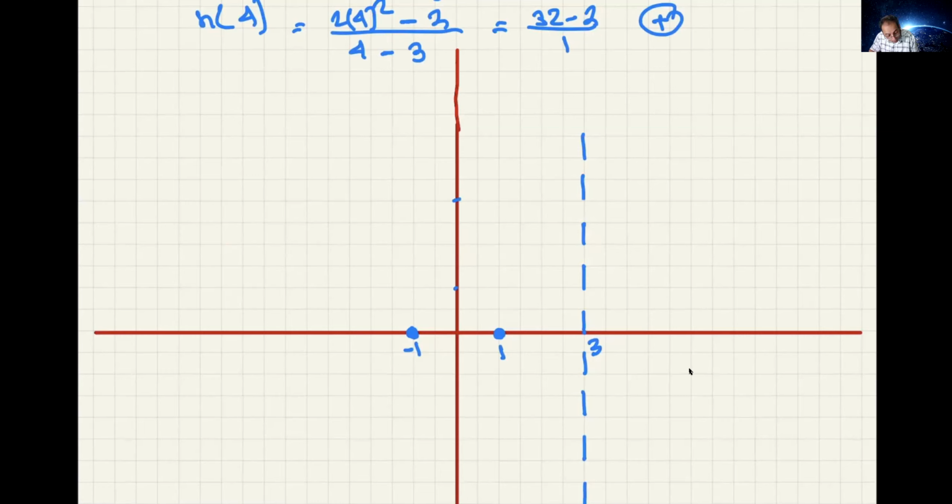And then 2x plus 6. I want to get the x-intercept and y-intercept. So for the x-intercept, I set y to 0, so negative 6 over 2, so that would be negative 3. And negative 3 here. And the slant asymptote should go this way.